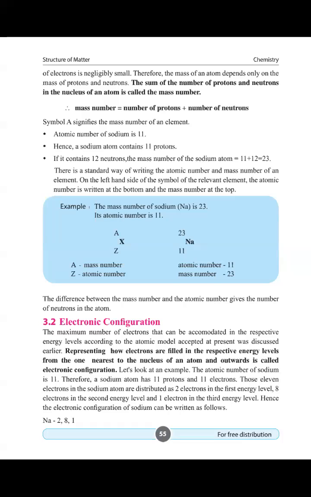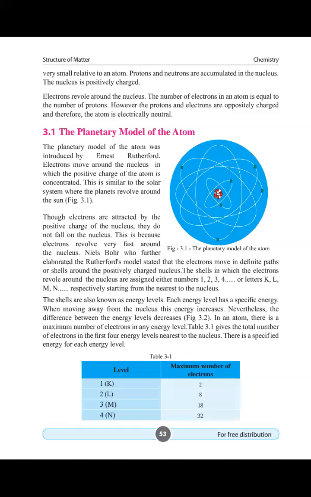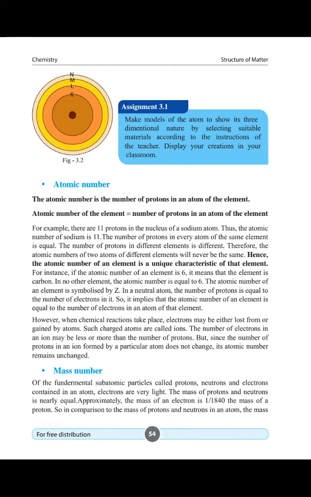Then you should be able to indicate how these 11 electrons are distributed in these energy levels. First energy level, how many electrons, second, how many, third, how many. You know the maximum number of electrons that can be filled: 2, 8, like that.